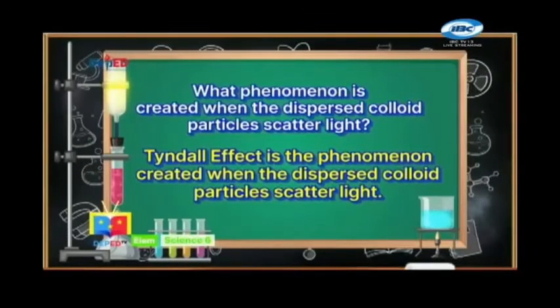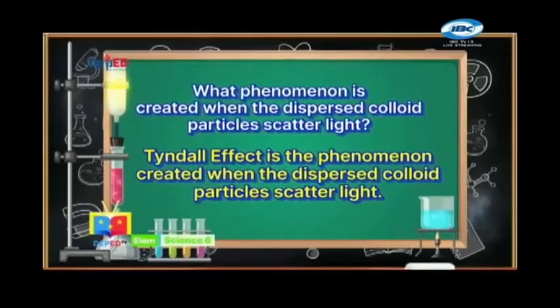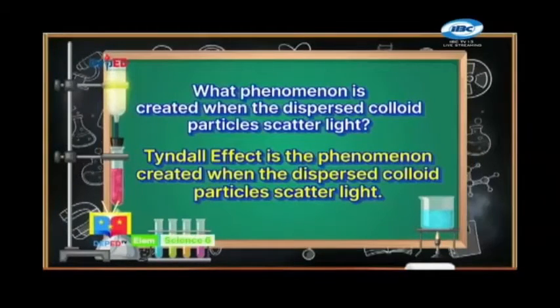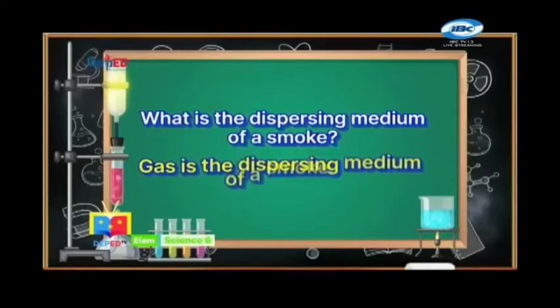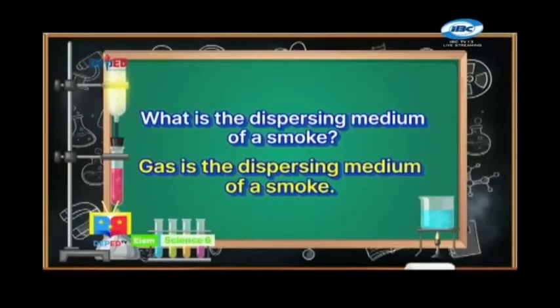Very good! Tyndall effect is the phenomenon created when the dispersed colloid particles scatter light. Number 2. What is the dispersing medium of a smoke? Excellent! Gas is the dispersing medium of a smoke.